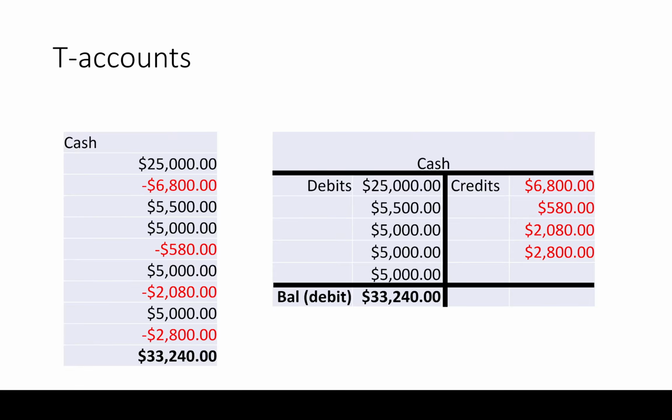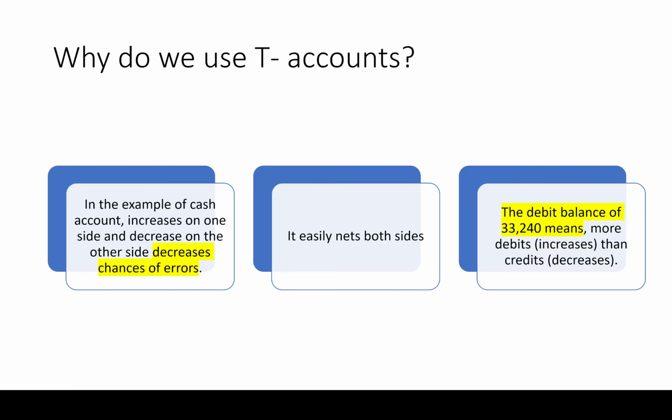Any company has a number of accounts, so this way we will not make mistakes. When we know which transaction goes on the debit side and which on the credit side, it's easy and we are unlikely to make errors. It doesn't mean we never make errors, but the chances are less.